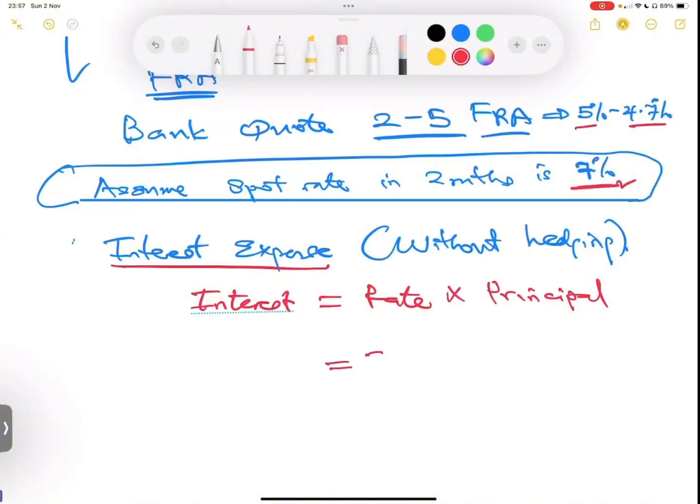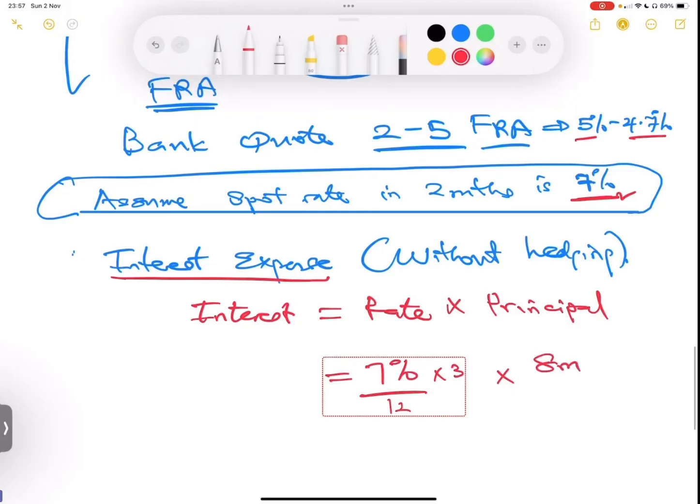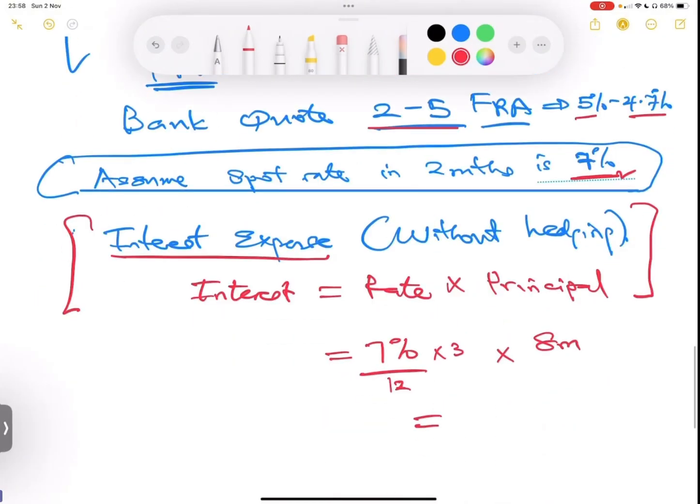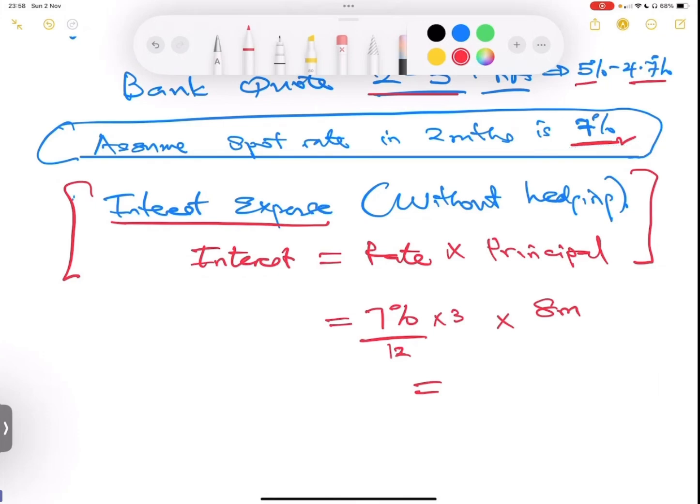So the rate is 7% annual, but we are talking of a tenor of 3 months, so divided by 12, multiply by 3, then the principal of 8 million. Remember, your interest expense is on the loan, not on forward. And the loan is a 3 months loan. So that gives 140,000. Which means if they did not hedge, this is what they will pay.